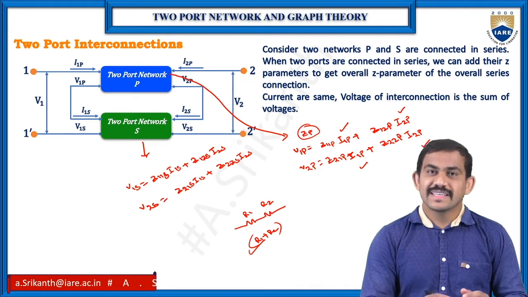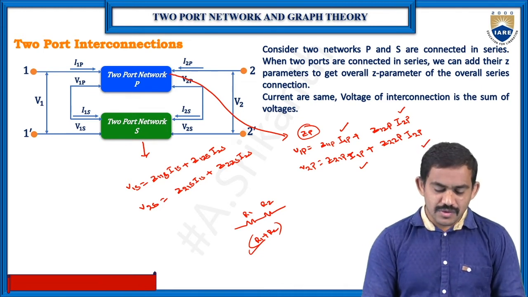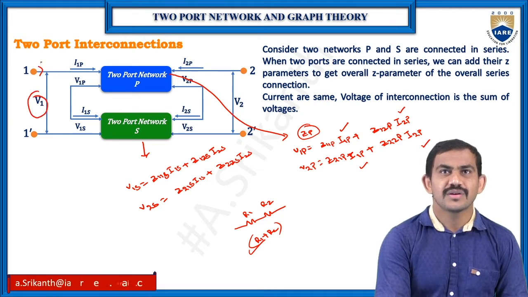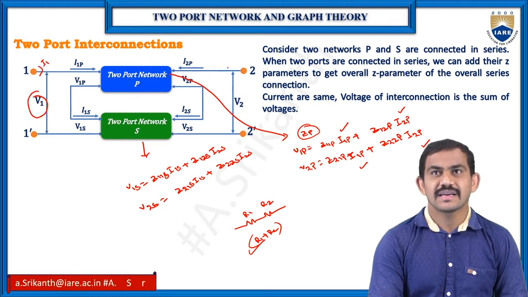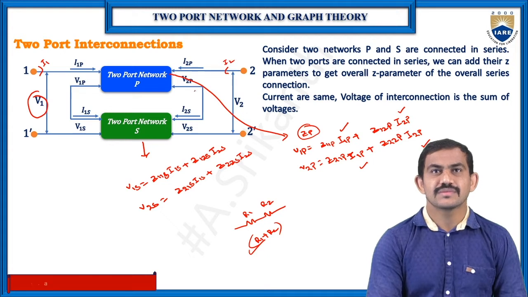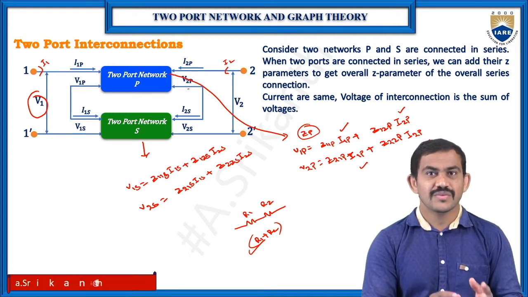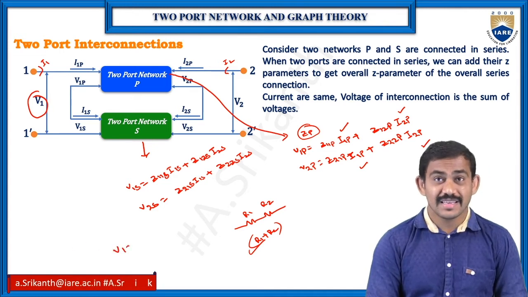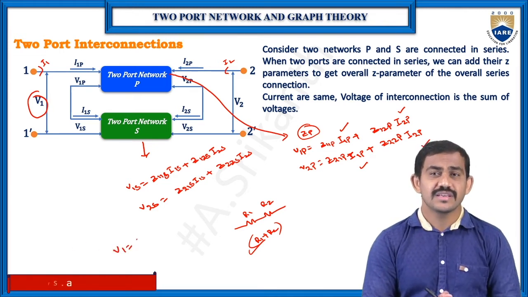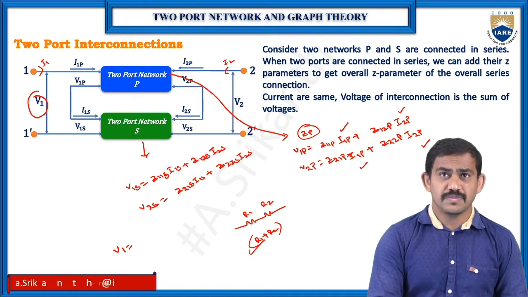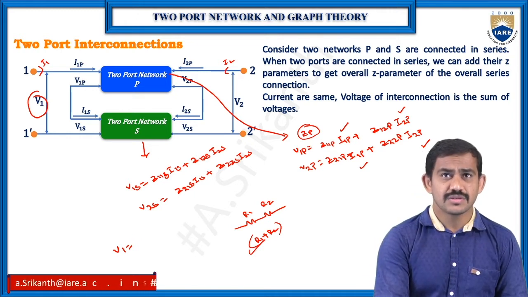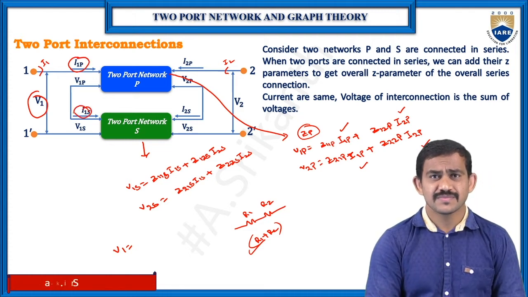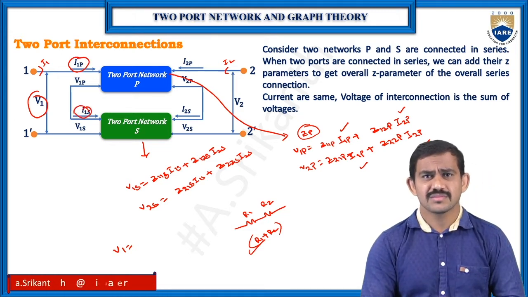Suppose I want the V1 value in the form of I1 and I2. Here you need to use the currents, and the currents are the same, so we add both values.